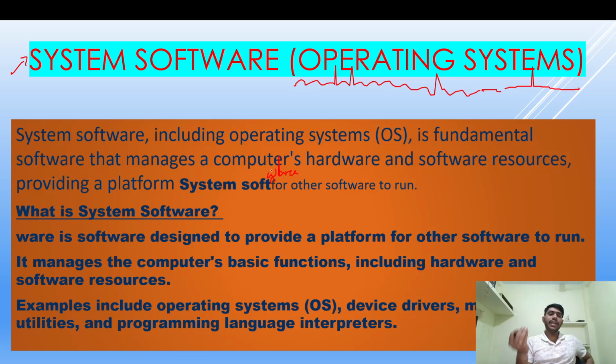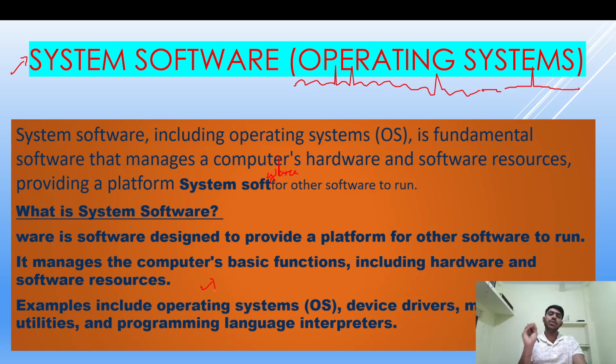System software is designed to provide a platform for other software. It manages the computer's basic functions, including hardware and software resources, whatever the different hardware and software resources are under the computer system. It is the control and coordination of the system.